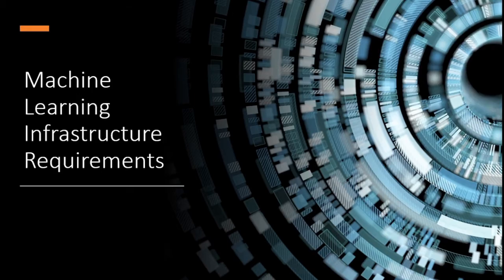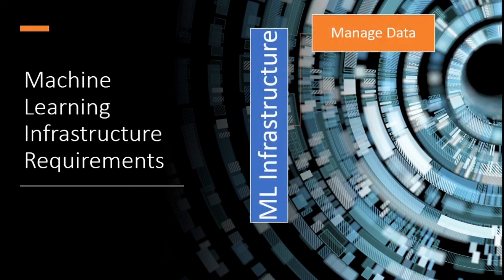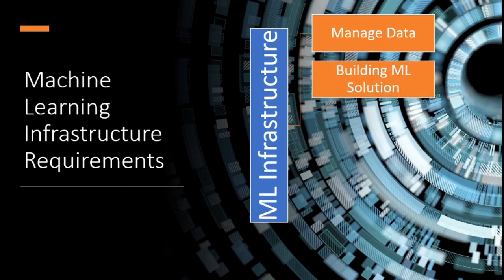Now let's explore the machine learning infrastructure requirements. To build a complete solution, you need a place to manage the data. Then you need an environment to build the machine learning algorithm, to test it, to train it, and for data preparation.